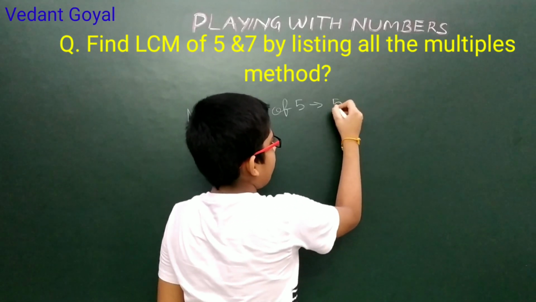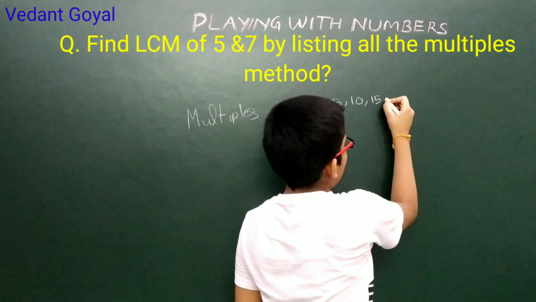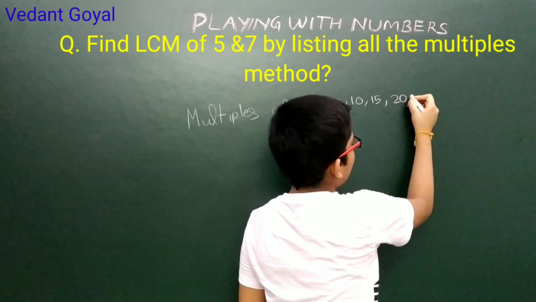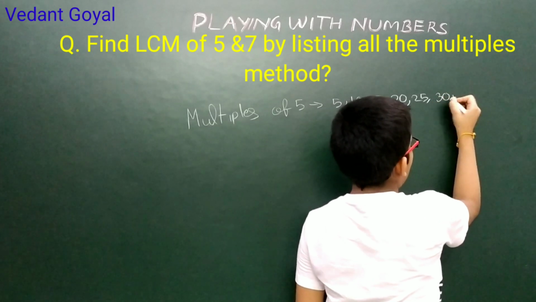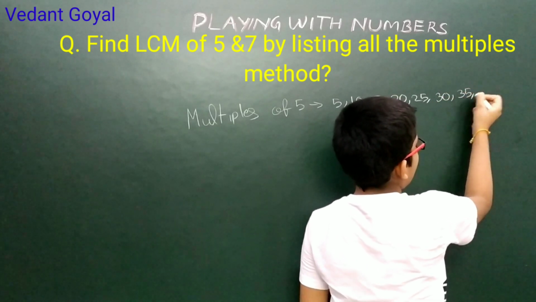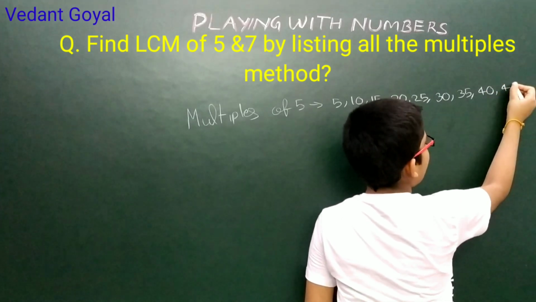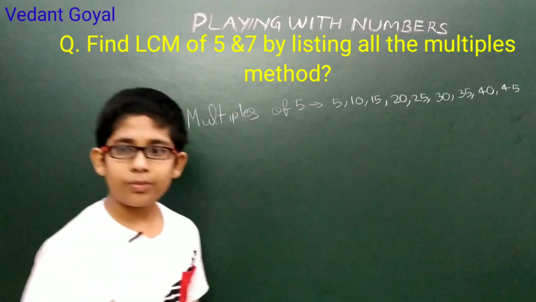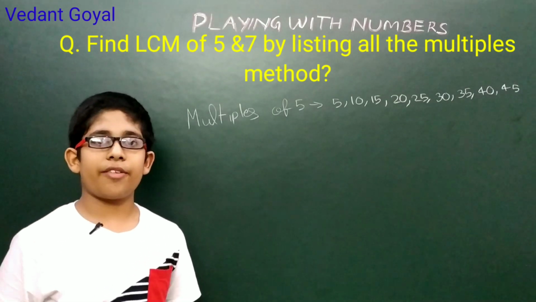So there will be 5, 10, 15, 20, 25, 30, 35, 40, 45, etc.